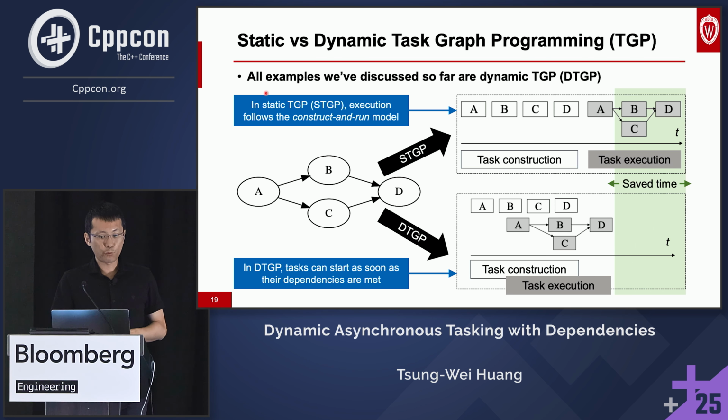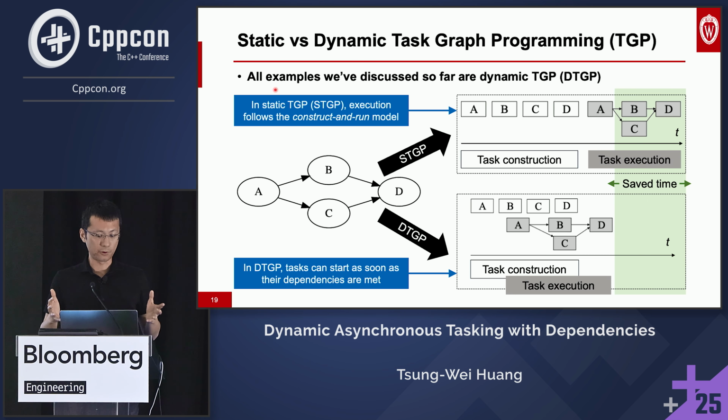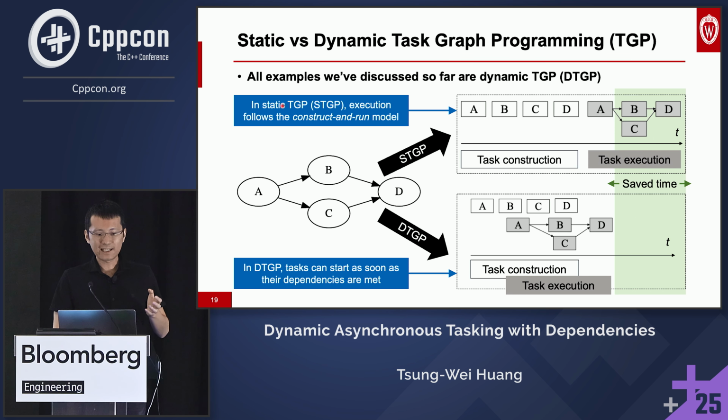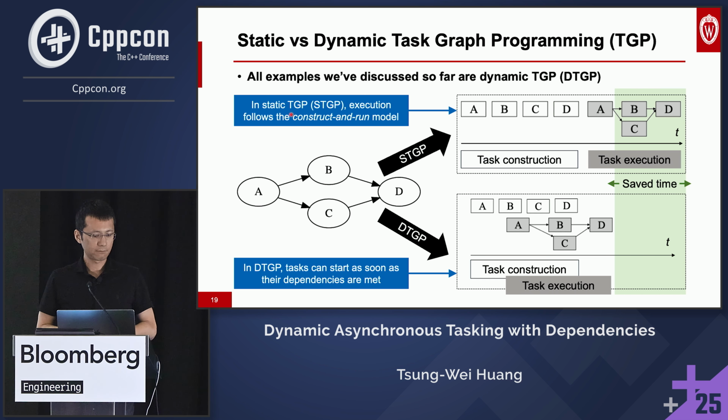In static task graph programming, or STGP, the execution follows the construct-and-run model. You build a task graph first, and you give the built task graph to an executor and runtime, and it will handle the scheduling details for you. So you construct the task graph first, and then you run it.